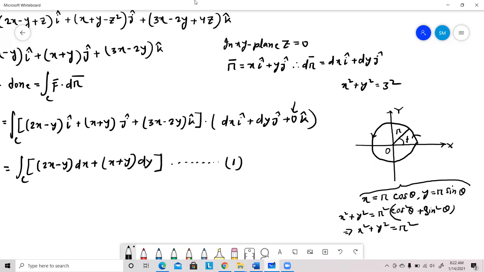So this is the equation of the circle, and these are the parametric equations of the circle: x equal to r cos theta, y equal to r sin theta.